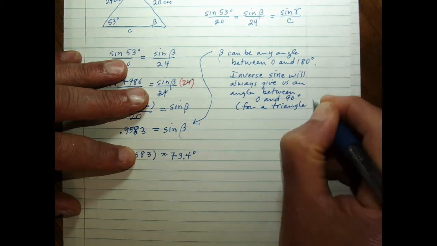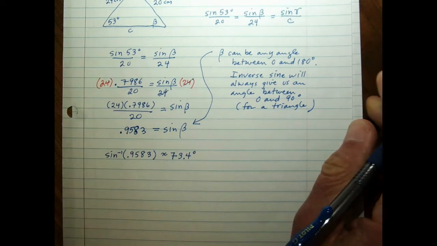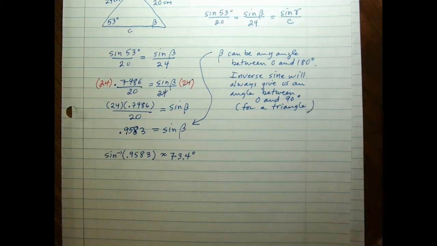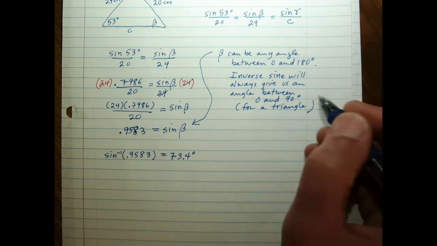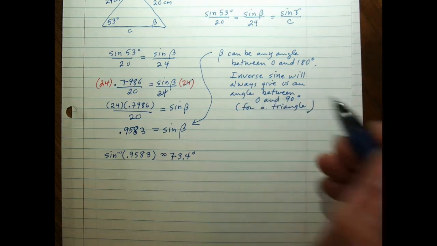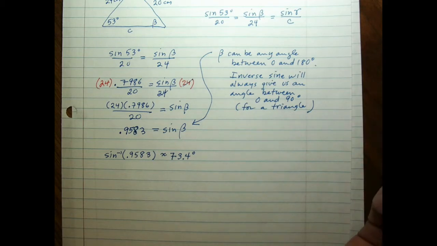And this is related to the fact that the range of the inverse sine is negative pi over 2 to pi over 2. So here we're thinking in terms of degrees, so we're thinking negative 90 degrees to 90 degrees.